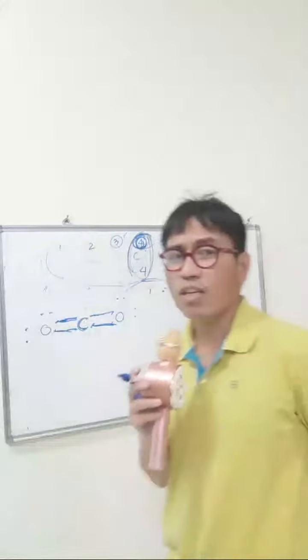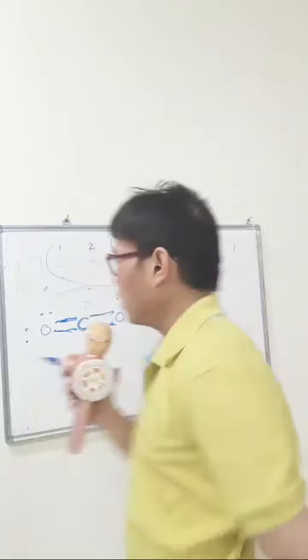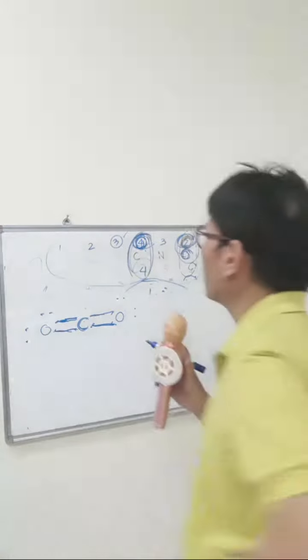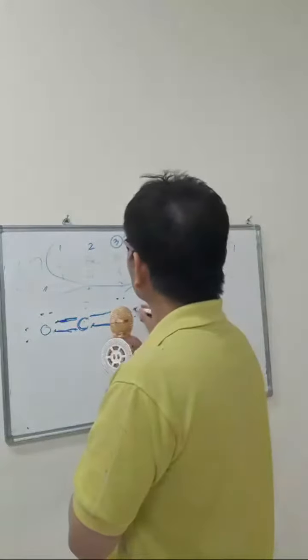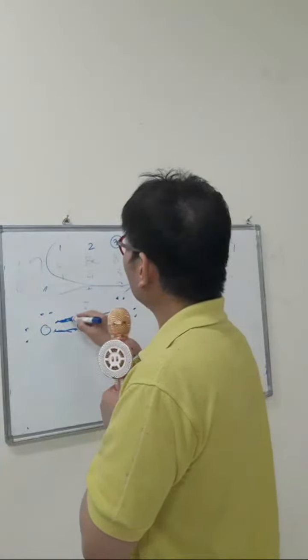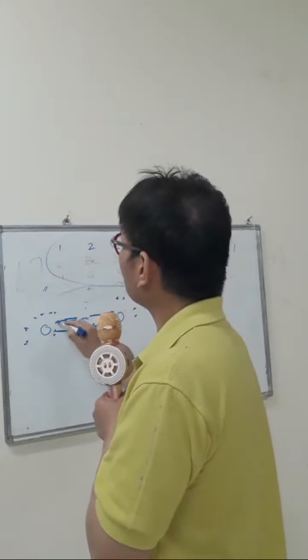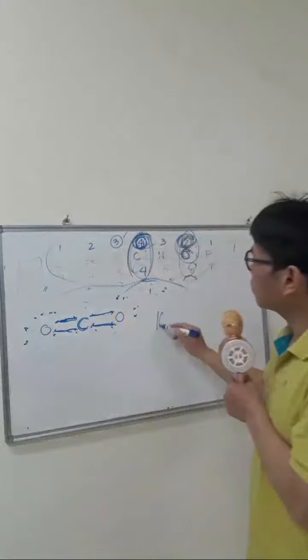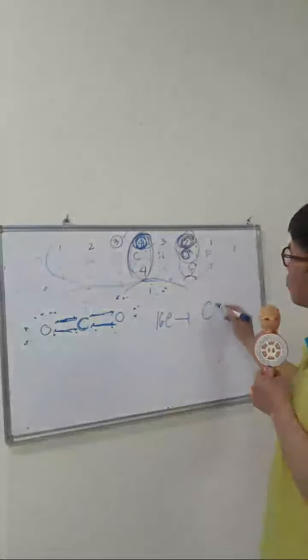The definition of non-polar is that electrons are completely shared in a chemical bonding. So what will happen to the oxygen here? Count the electrons too: 1, 2, 3, 4, 5, 6, 7, 8, and so on up to 16. 16 electrons for carbon dioxide. Are you sure?